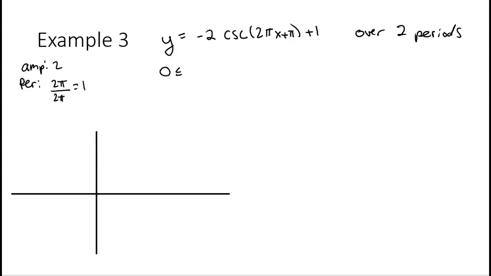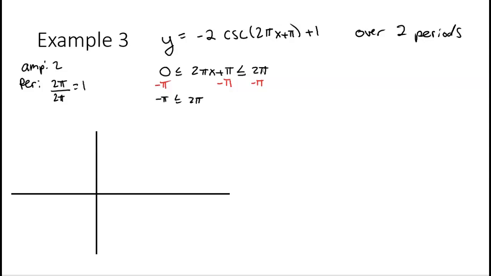So I'm going to go ahead and set up my intervals. And again, I'm always setting it up, starting at 0, ending at 2 pi. I don't change my period yet. Period will change eventually. Remember, this is just to help us figure out what our starting and stopping points are.